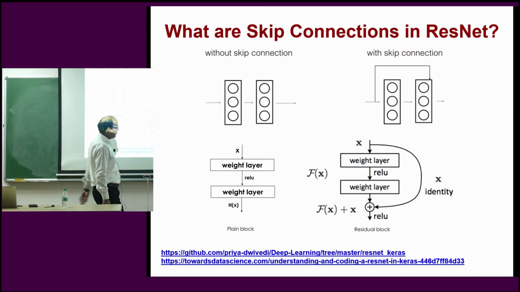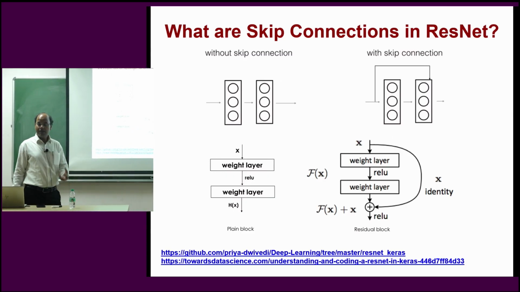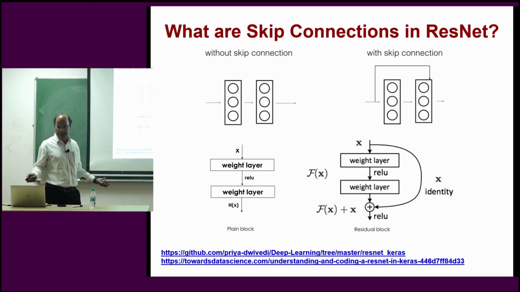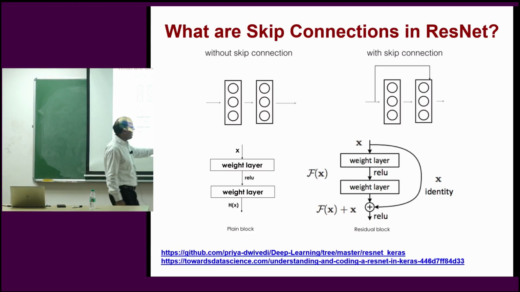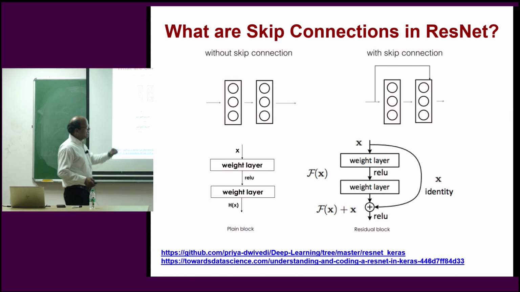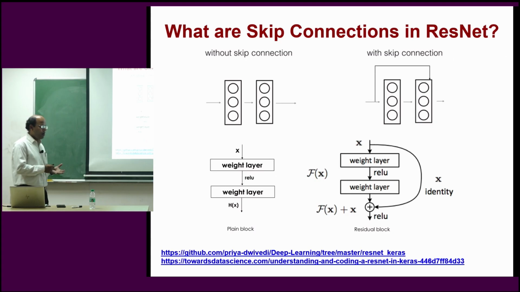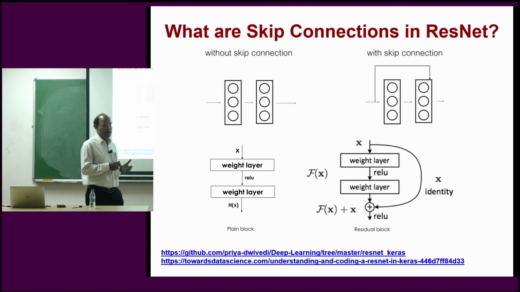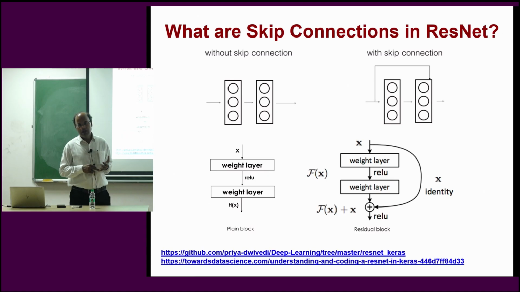Why are we adding that? Because the model should also learn the unity function, right? And this higher layer should at least be as good as the previous layer. It should not give you a worse result, right? That's the other reason. So there are two key points in the model: one, skip connection helps us alleviate the problem of vanishing gradient.